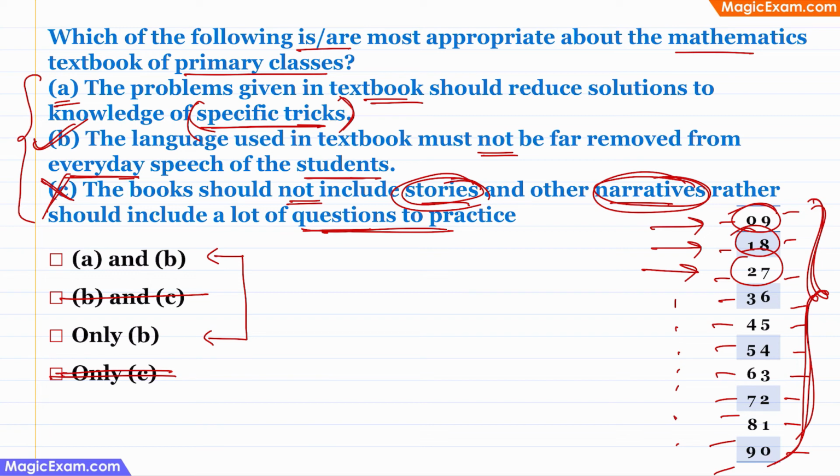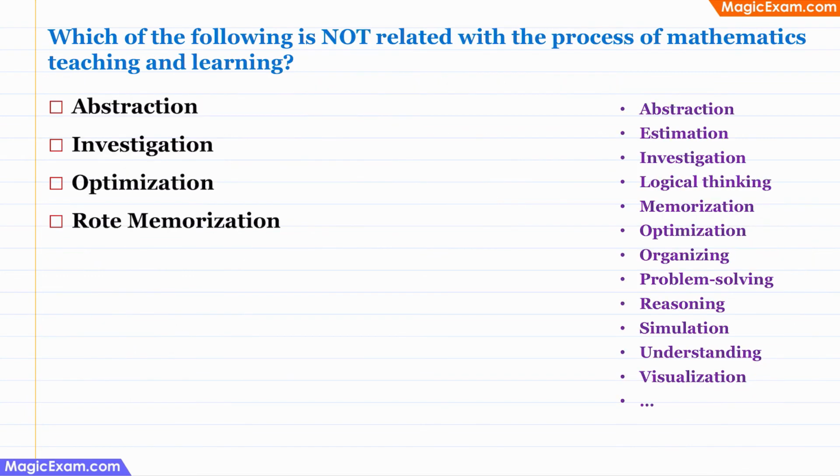Therefore, understanding the concepts, understanding the basics is more important than the specific tricks. Therefore, A is incorrect. If A is incorrect, then we can eliminate option A and only B is the correct answer here.